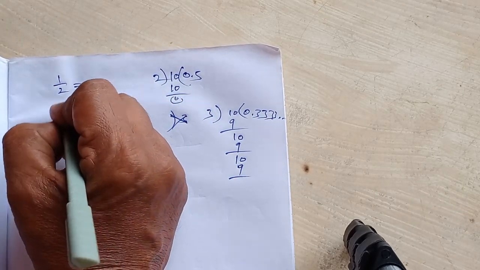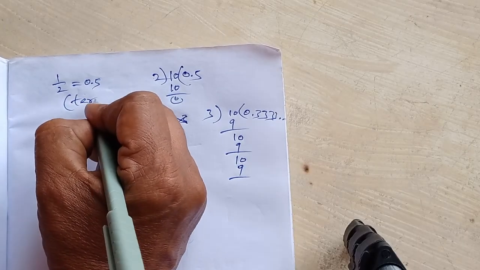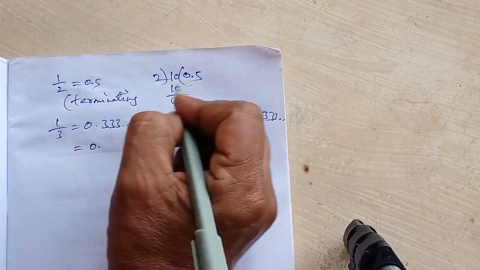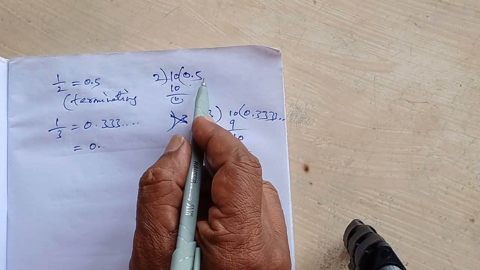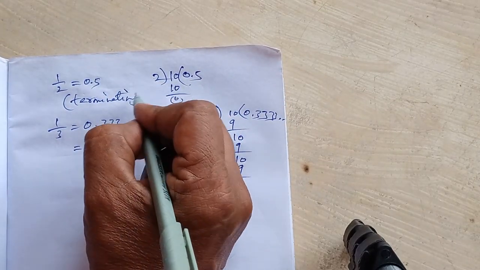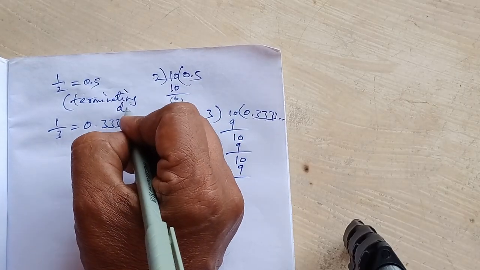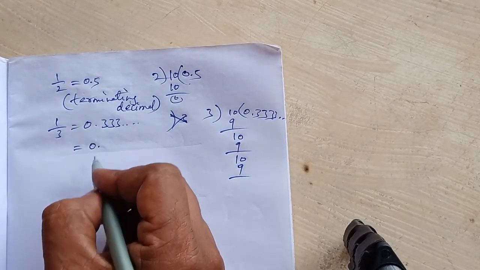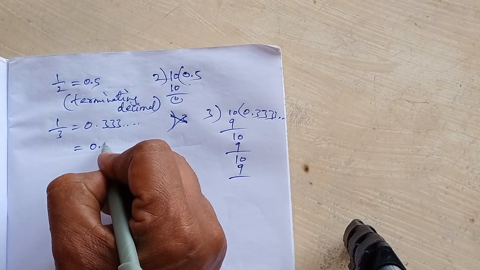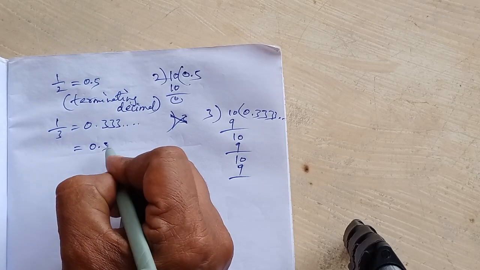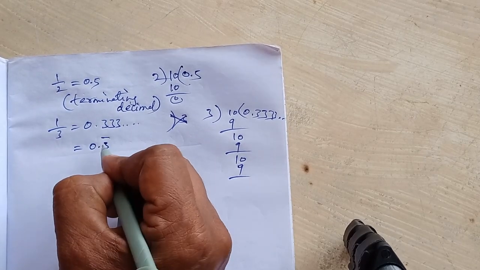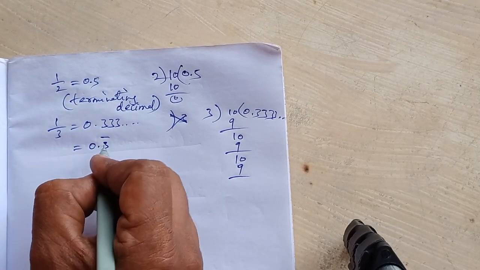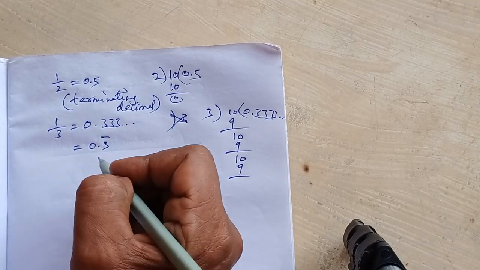Terminating means it stops here. Here 3 is recurring, therefore we can put a bar upon 3, so this is 0.3 bar.